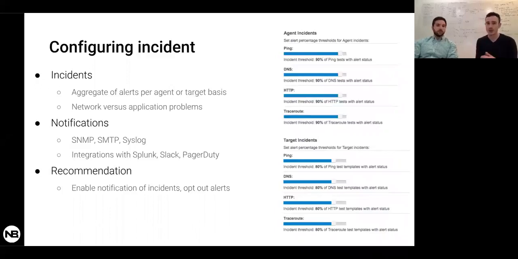So this is where they come into play. What we recommend generally is to enable alerts, of course, but only receive notifications for incidents, so that when you send those via SNMP traps, email via SMTP, syslog, or an integration like Splunk or Slack, you just get the information, not too much noise.